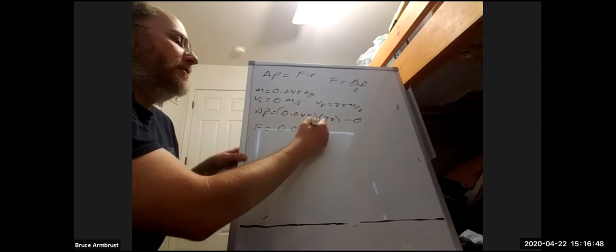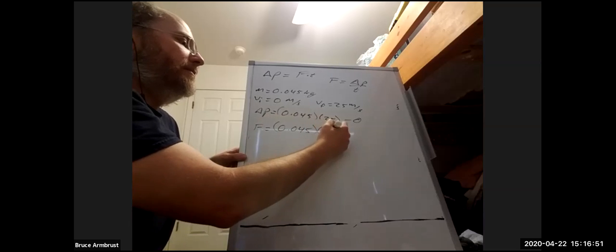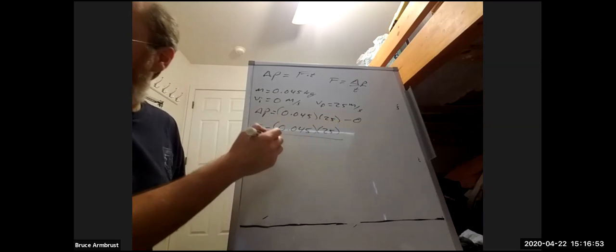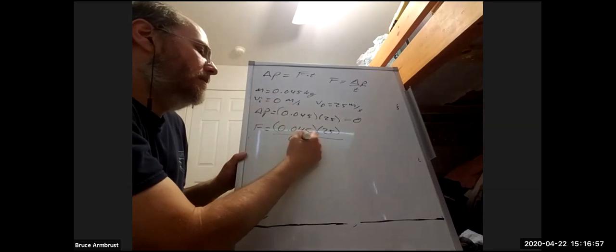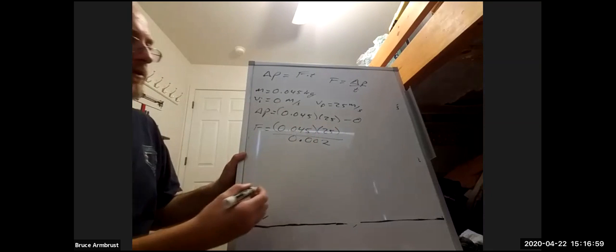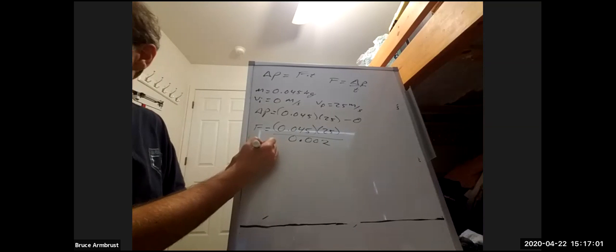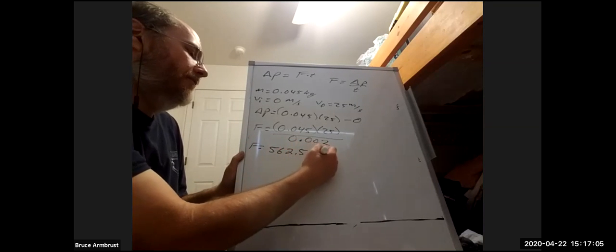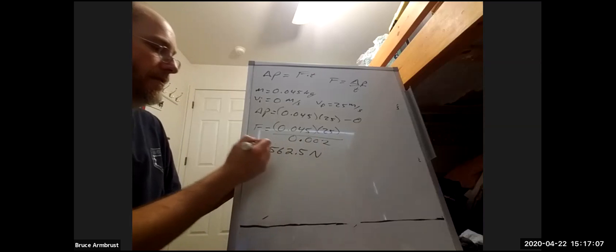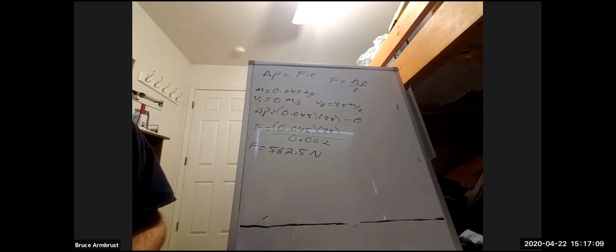So we'll take our 0.045 times 25, and then it was 2 milliseconds, so we're going to divide by 0.02, which ends up giving us 562.5 newtons. So on average, the amount of force that's being applied is 562.5 newtons.